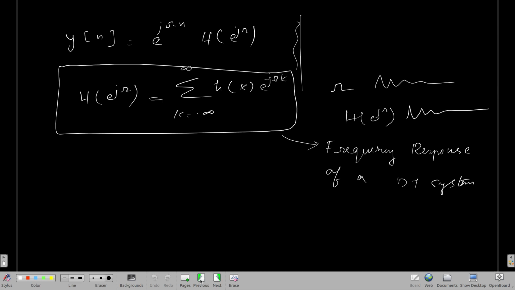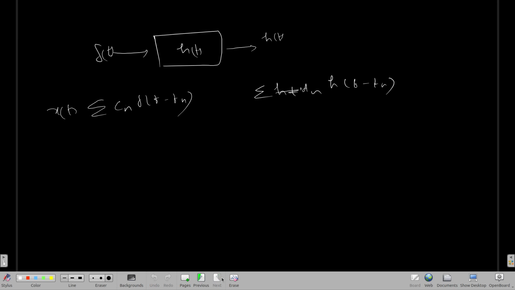Okay, and continuing from there, the eigenvalue of that particular eigenfunction is a constant with respect to n, but is a variable with respect to omega or the frequency, and we formally declared it as the frequency response of a discrete time system, and we wrote down an expression for that. Now let's do the same thing for a continuous time system.